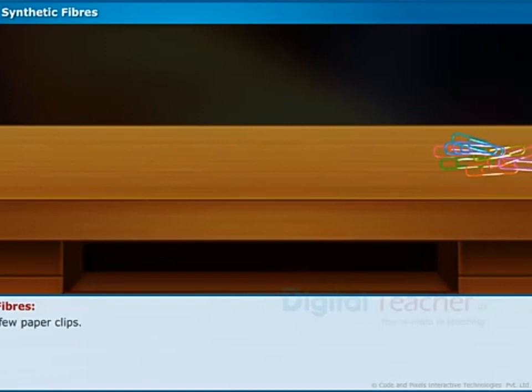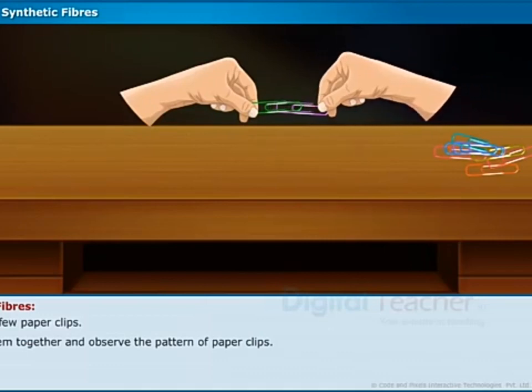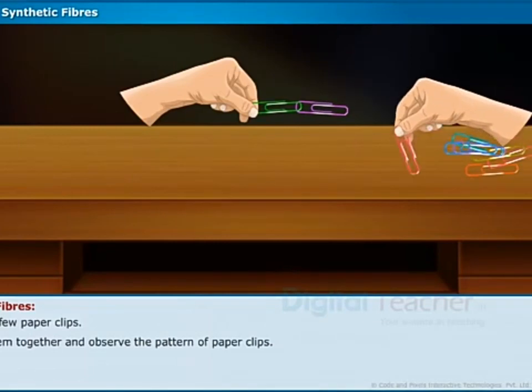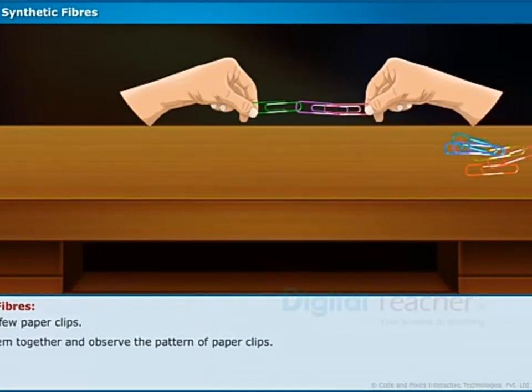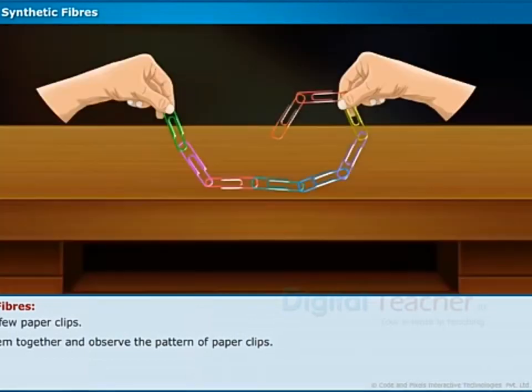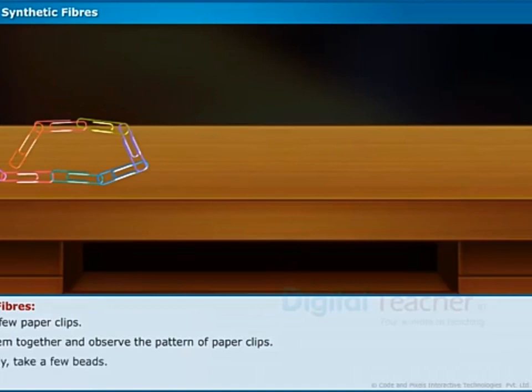Let us perform a simple activity to understand the synthetic fibers in detail. Take a few paper clips. Join them together and observe the pattern of paper clips. Similarly, take a few beads.